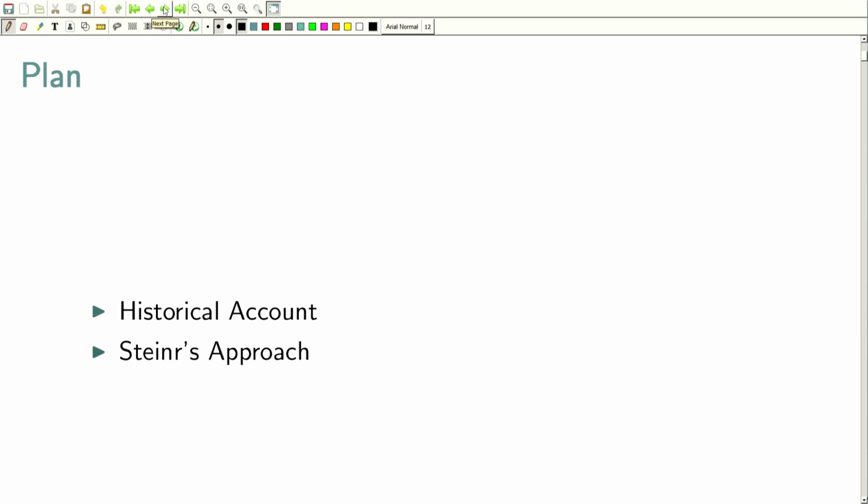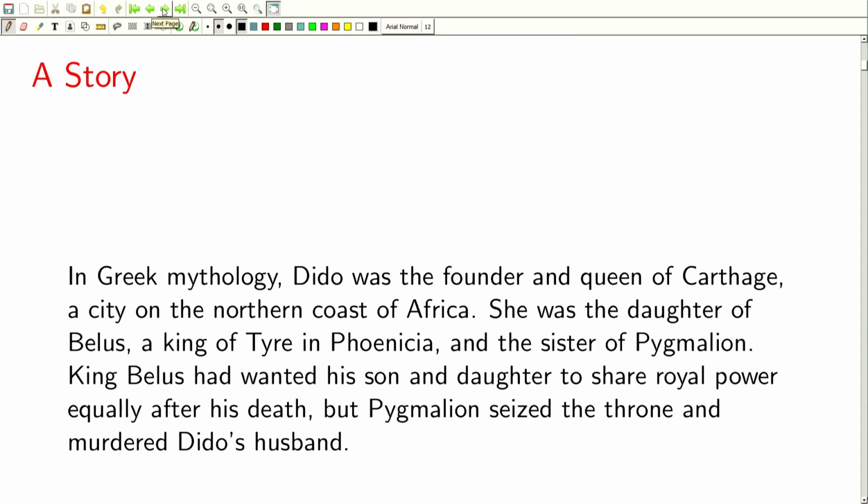Steiner produced various proofs for this problem. We will discuss one of the proofs, and then we will give a very rigorous proof using Fourier series techniques. Okay, first let us have a story.